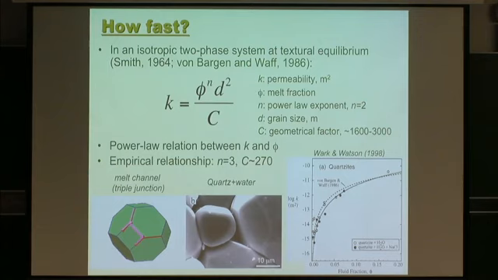So for a really long time we already understand that partially molten rock is like in the metallurgy literature, that you have a fluid phase and a solid phase.